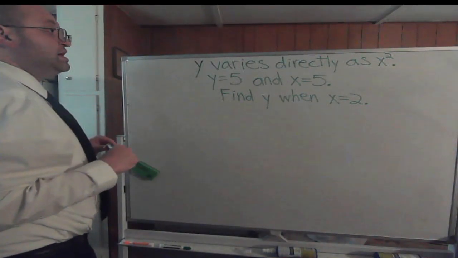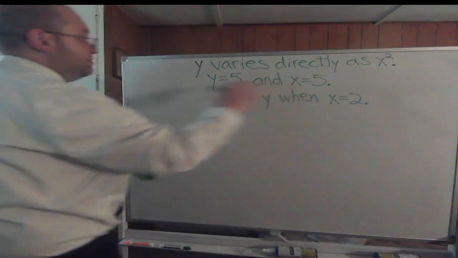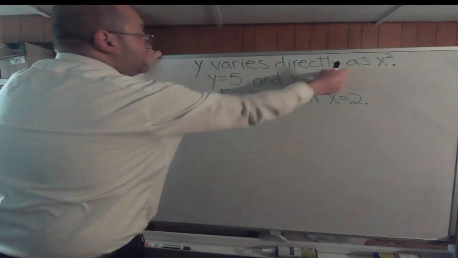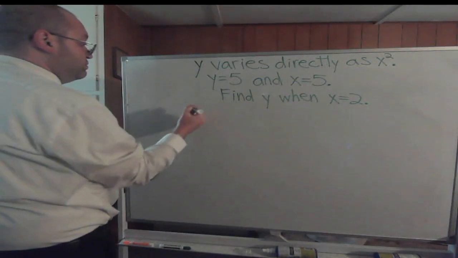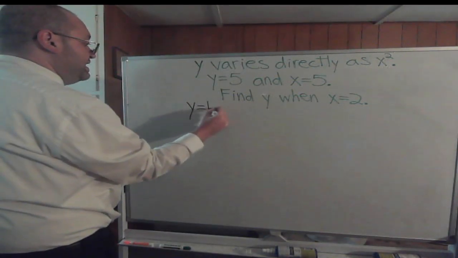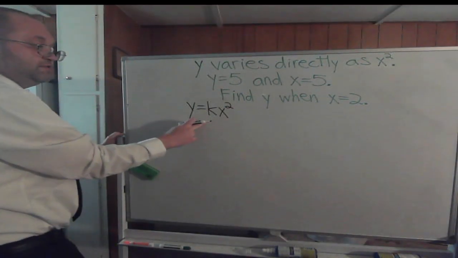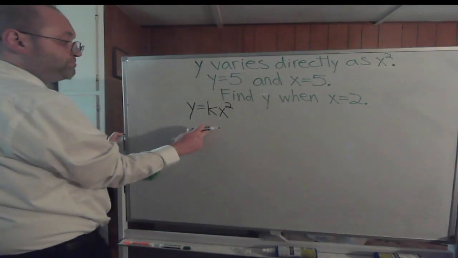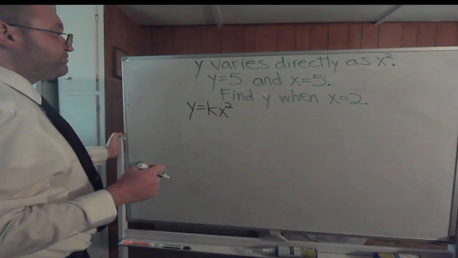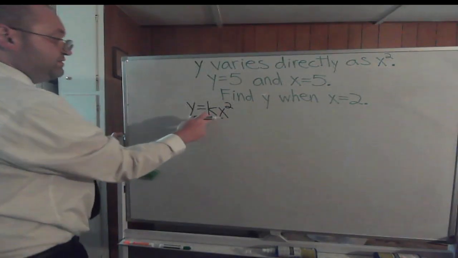Like you would with any other variation problem, ignore the last sentence for a minute, pretend it doesn't exist. Focus on the first sentence, y varies directly as x squared, which means you're going to come up with the equation y equals kx to the second. That's your equation of direct variation. Now we want to figure out what that constant of variation is.